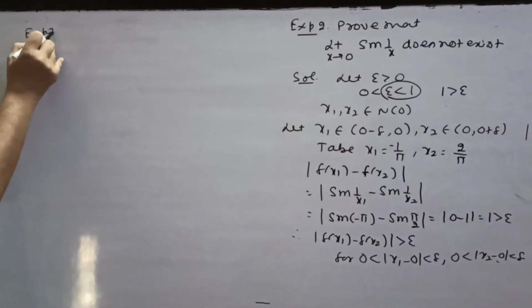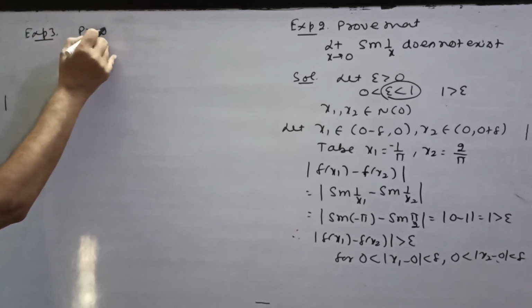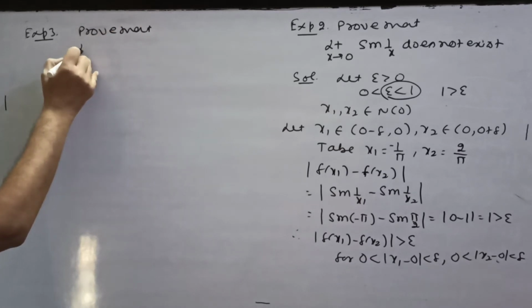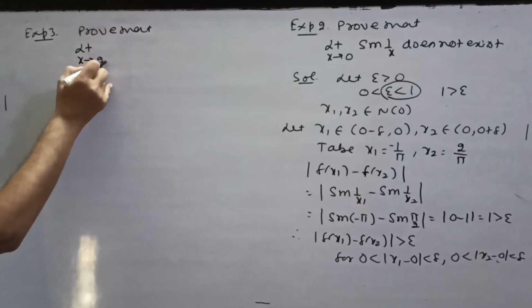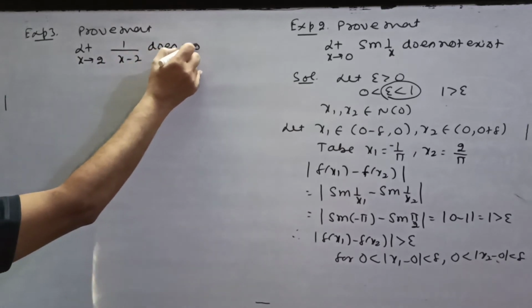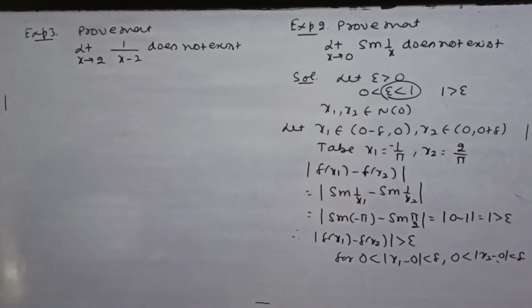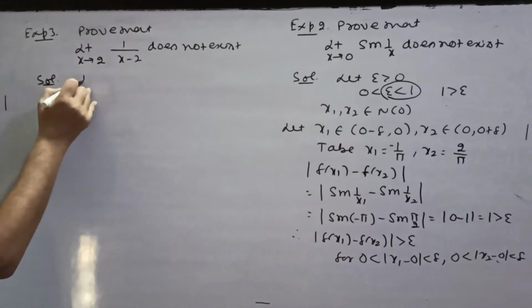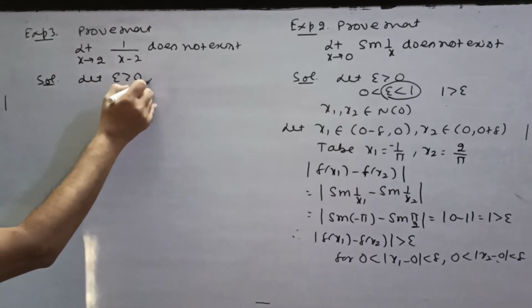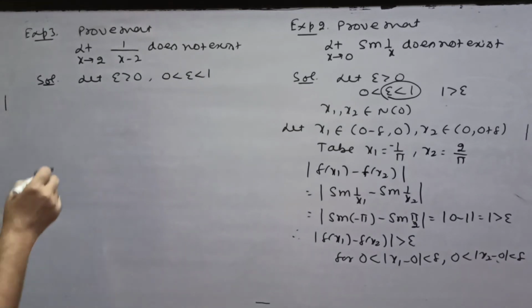Third example: prove that limit x tends to 2 of 1 upon x minus 2 does not exist. Let epsilon be greater than 0 and lie between 0 and 1.